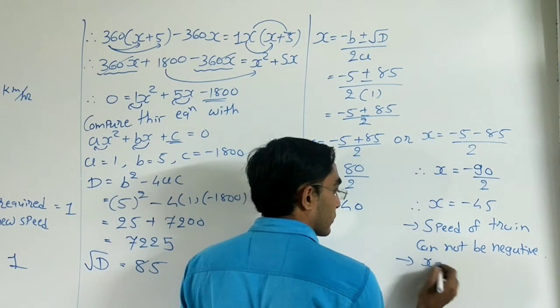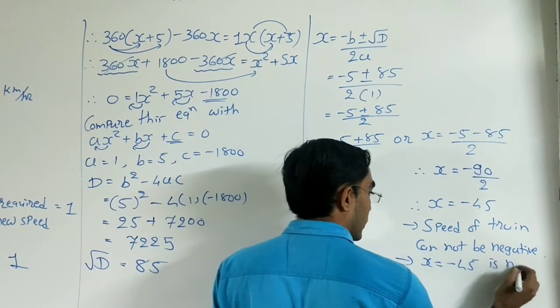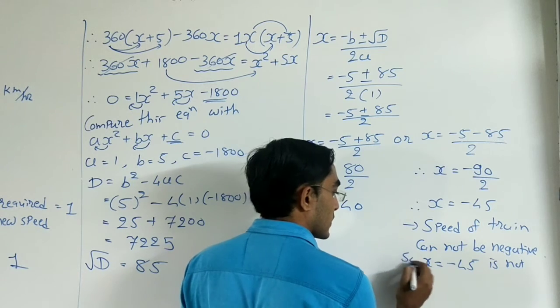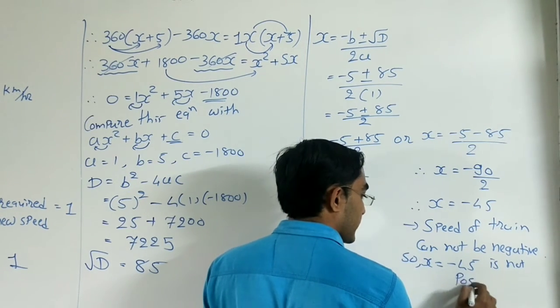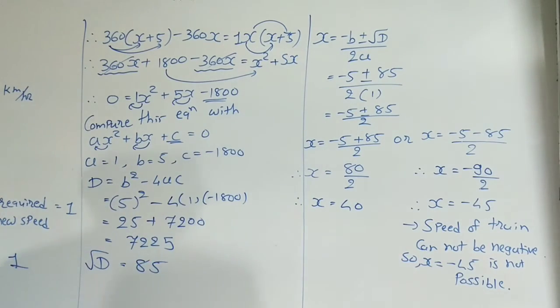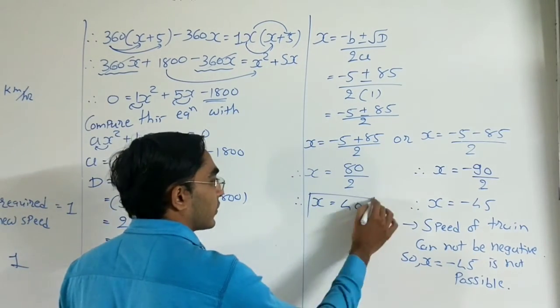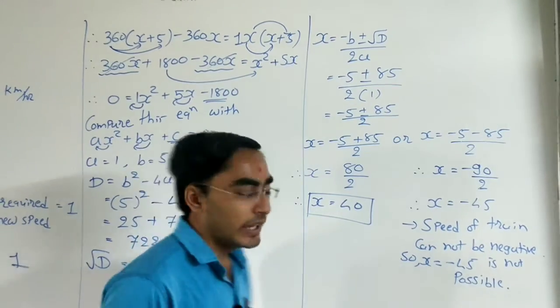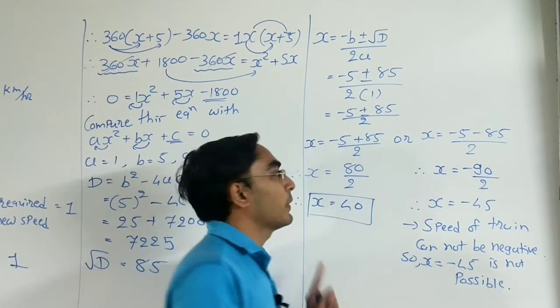So x is equal to minus 45 is not possible. Okay, so what is our final answer? x is equal to 40, right? x is equal to 40. This is our final answer.